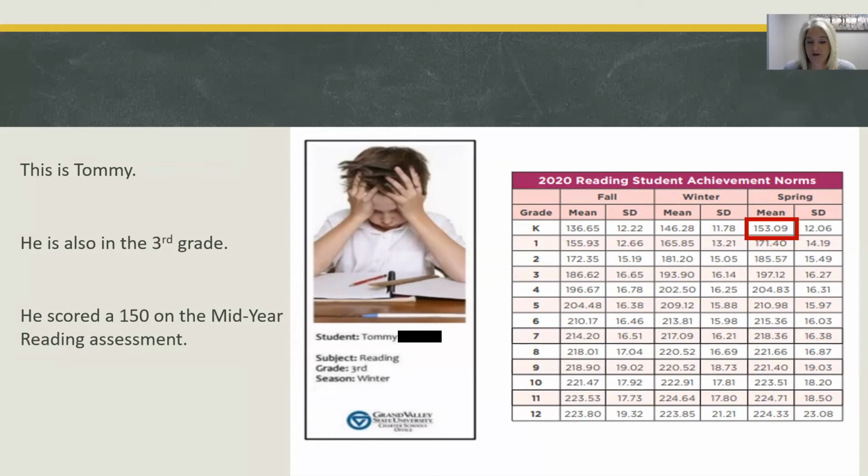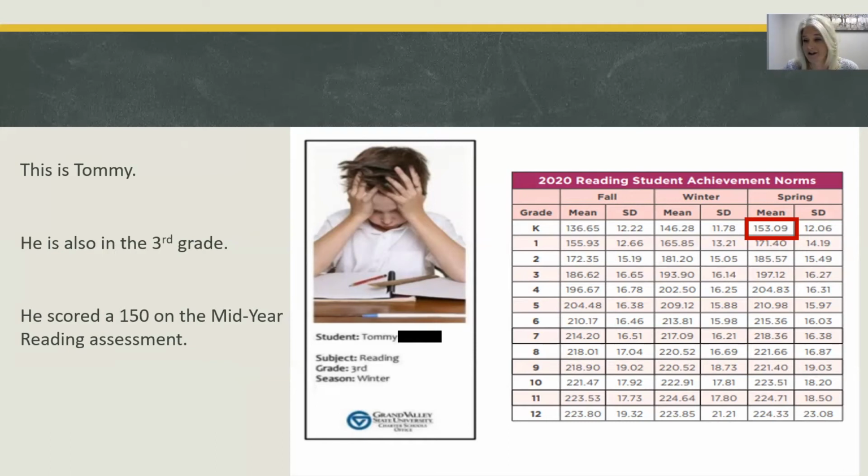When in reality, when we have this data and we have this information, now we see that there's an academic deficiency, and some of those things may make sense when we have this information. I know that there's a reason behind it if Tommy's actually ready for the end of the year kindergarten in reading. He has some very basic foundational skills that are not there, that need to be addressed. He needs interventions right away. He needs some help, some support.